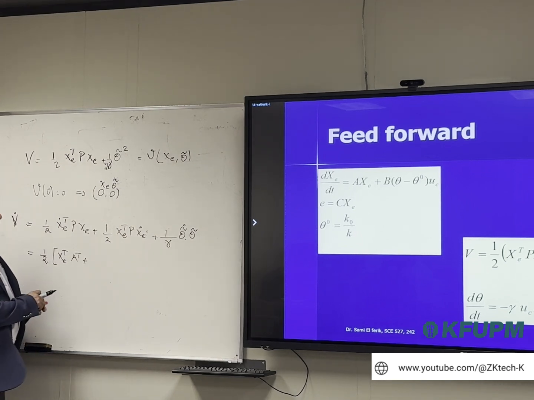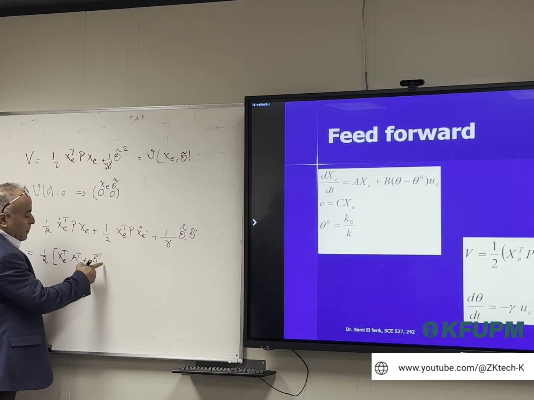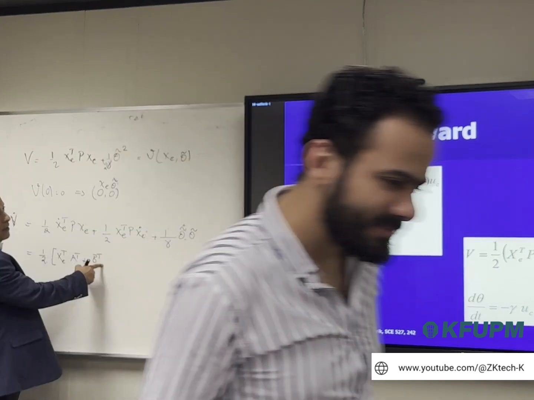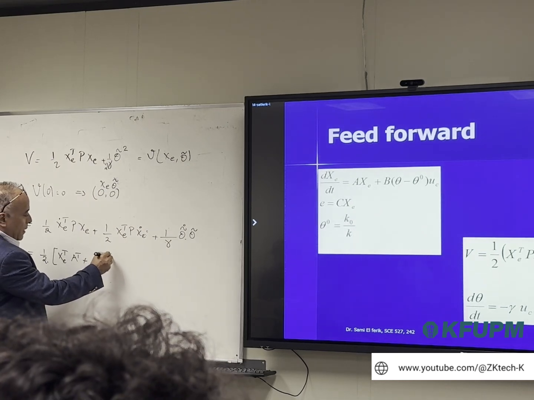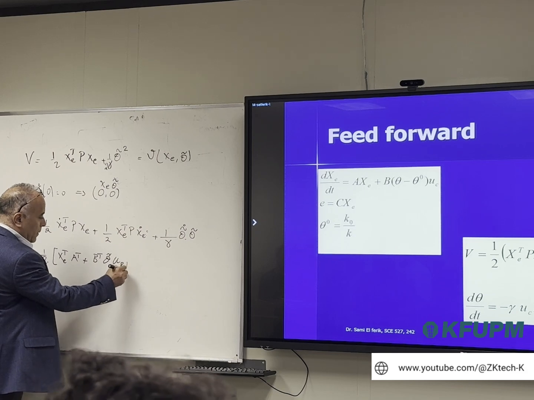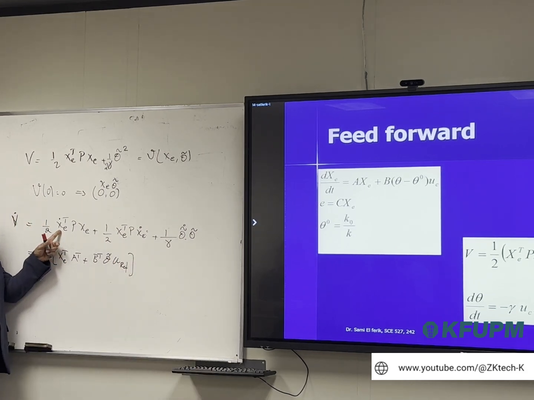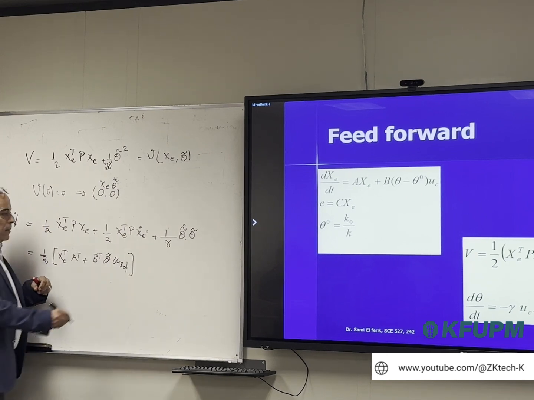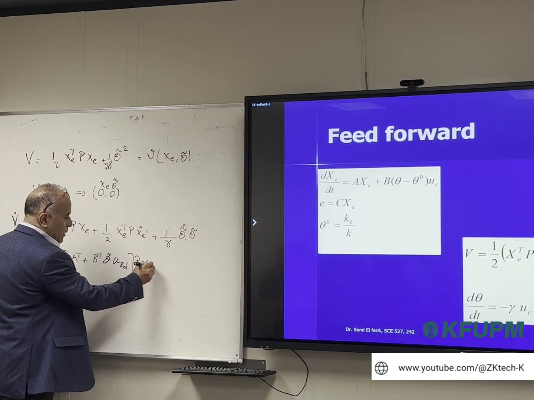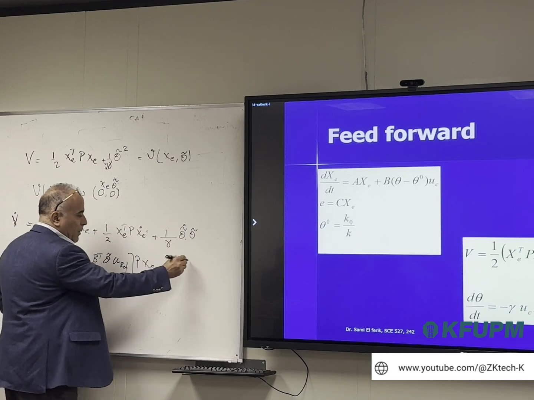So plus we have here B transpose multiplied. In fact, since U is just a scalar, we are going to keep it as it is. Theta tilde multiplied by U reference. So this is xe transpose prime multiplied by P multiplied by xe, plus xe transpose multiplied by P multiplied by the same thing.